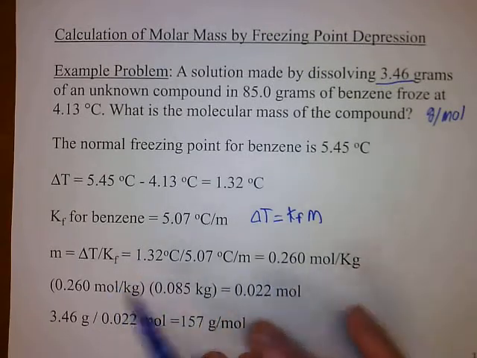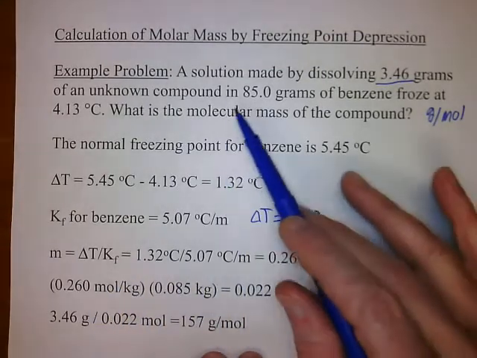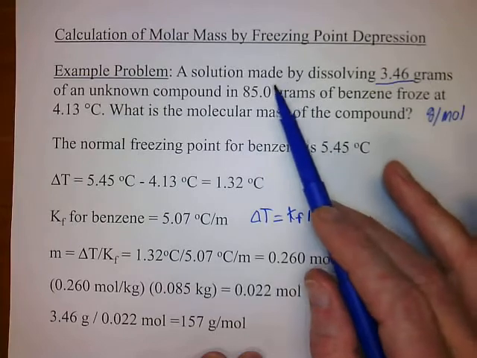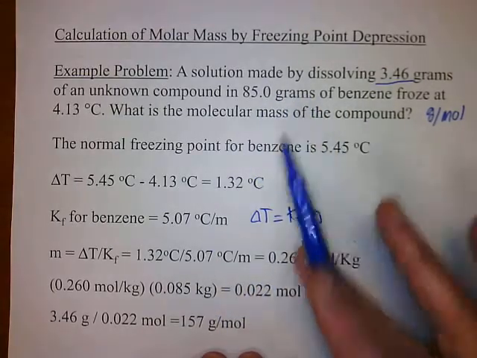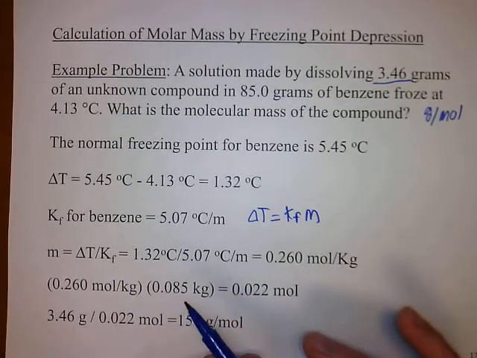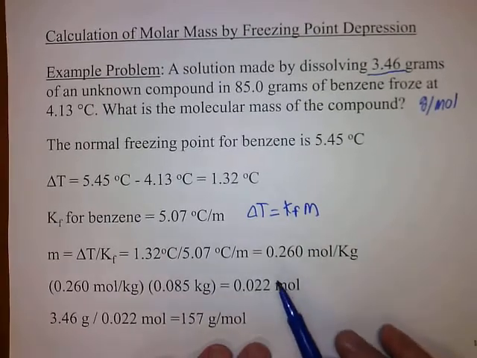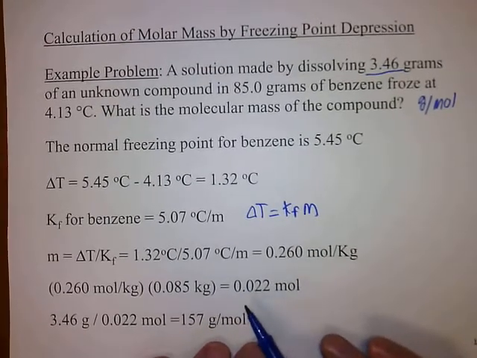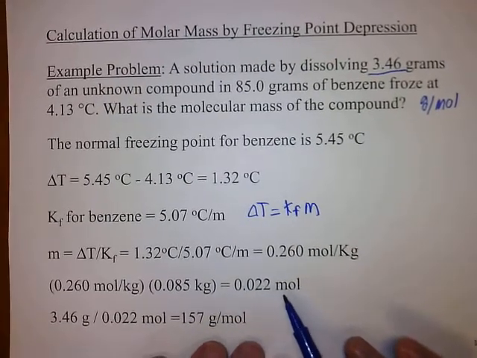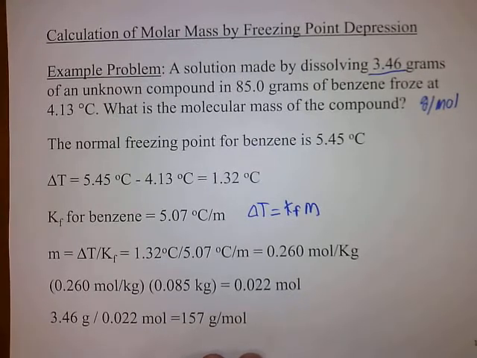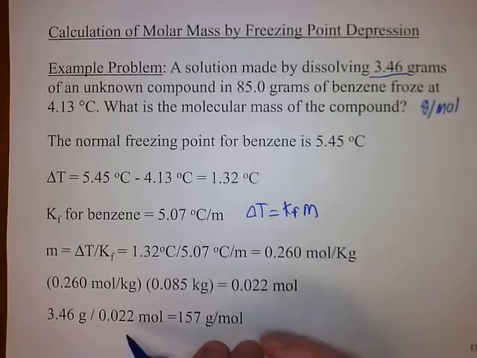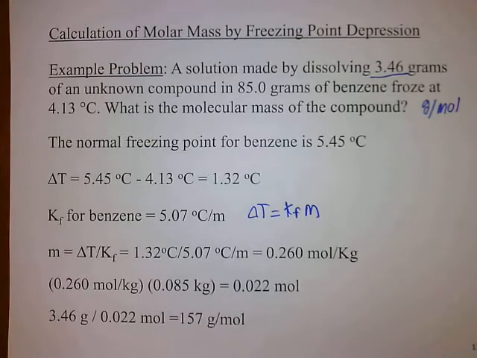So we take 0.260 moles per kilogram. Now to convert 85 grams into kilograms, divide by 1,000, that's 0.085. That tells us that we have 0.022 moles. So what's the molar mass of our substance? 3.46 grams divided by 0.022 moles is 157 grams per mole.